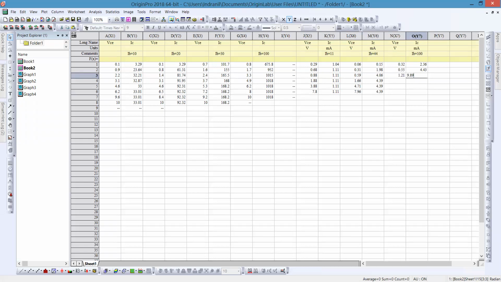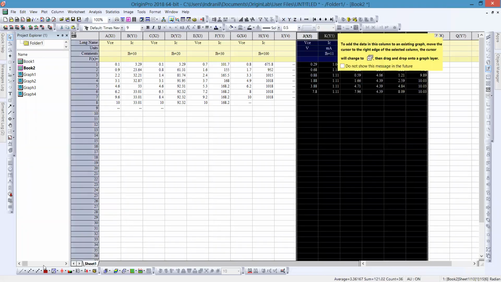Then 2.59, 10.03. Then 4.84, 10.03. Okay, last data. 8.09, 10.03. Okay, good.